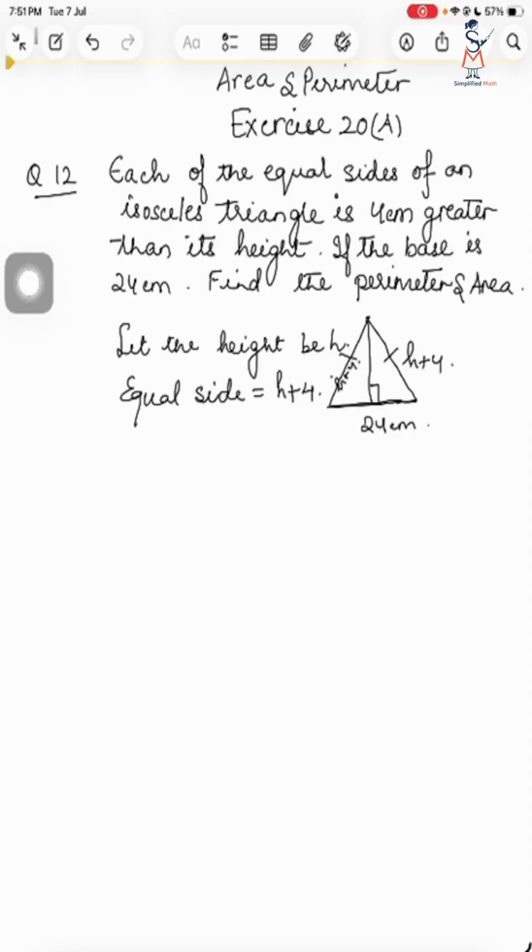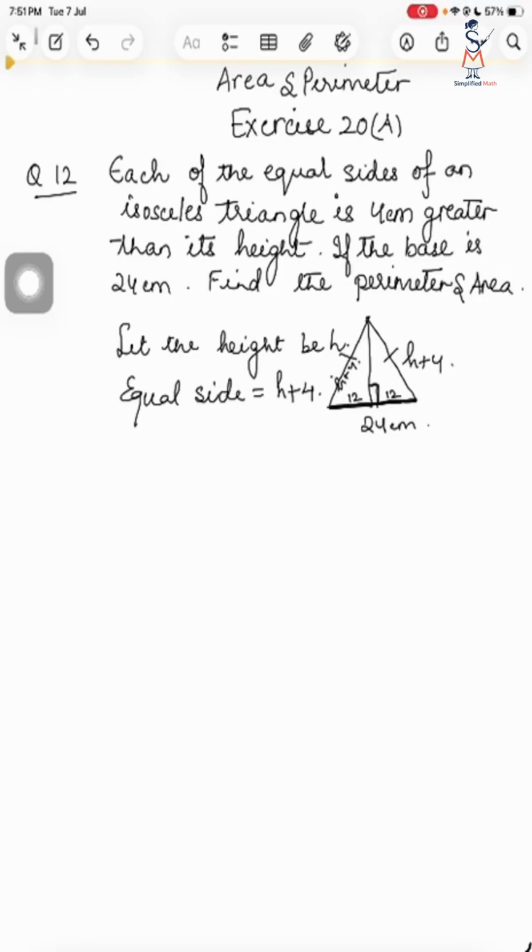Now we know in an isosceles triangle, the height, that is the line from the vertex to the base which makes 90 degree, divides the base into two equal portions. So this portion becomes 12 and this also will be 12.